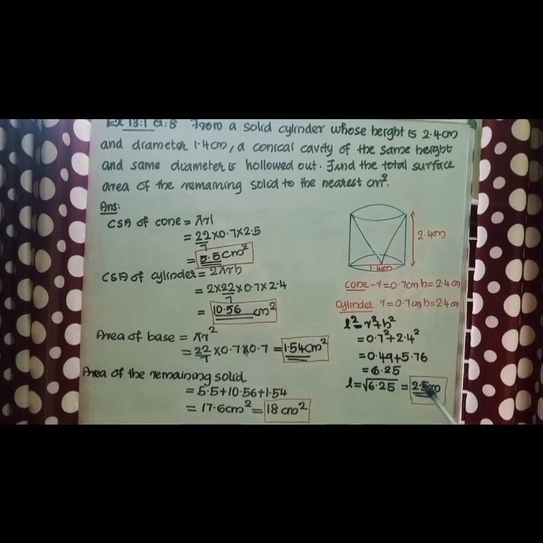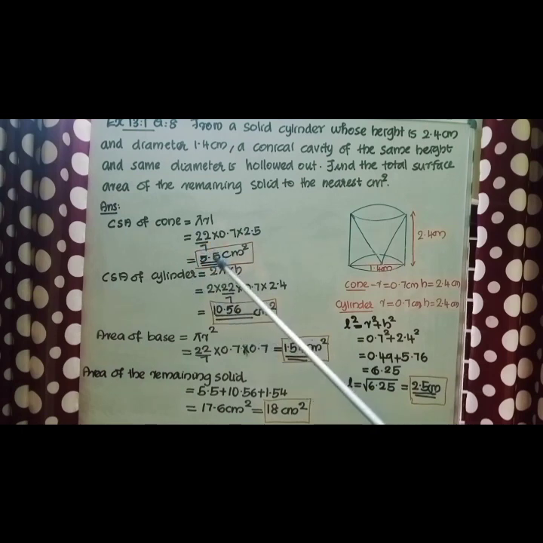That is equal to 2.5 centimeter. So we have got the slant height 2.5 centimeter. CSA of cone equal to pi RL, that is equal to 22 by 7 into 0.7 into 2.5, that is equal to 5.5 centimeter square.